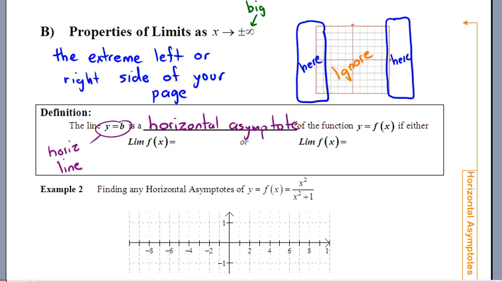If either of these things happen, if the limit of that function as x goes way off to maybe the left side of your graph paper, to negative infinity, that could be some y value that it's heading towards. Or maybe if you go way out here, the limit of the function as x heads towards really big positive numbers, if the y values seem to settle down on one number, you can say, oh, well, that's a horizontal asymptote.